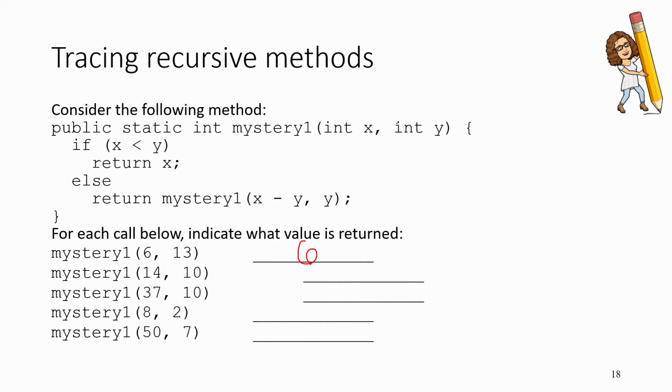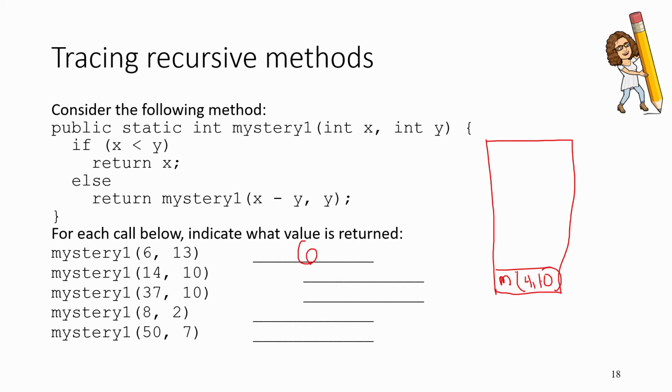14 and 10. So 14, 10. Is 14 less than 10? No. So I now need to return. We got a stack to start here. So I'm going to go 14 minus 10. That is 4. So I'm going to go mystery 4, 10, right?